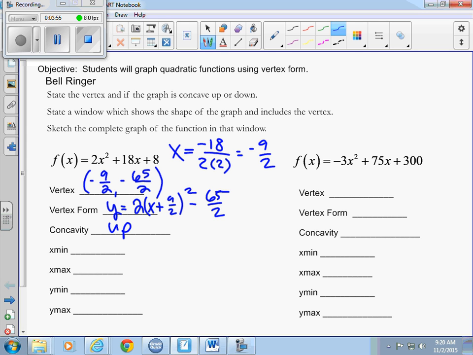Now, to find the x min and x max, y min and y max, I am going to use my calculator and kind of play around with it a little bit. But what I would notice is that the vertex is at negative 4.5 and negative 32.5. Why do I need to know that?